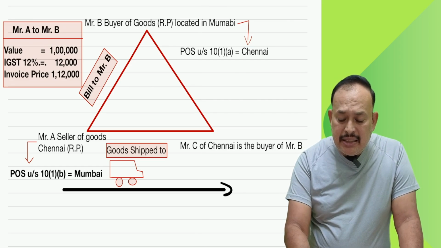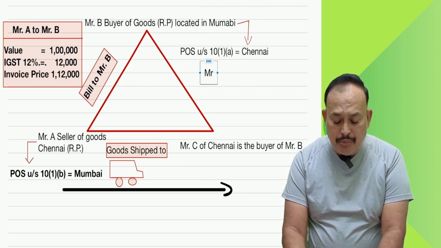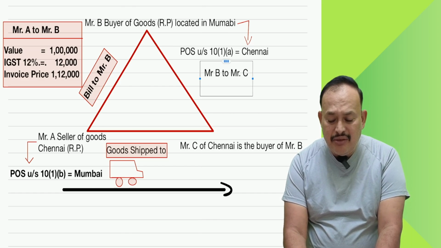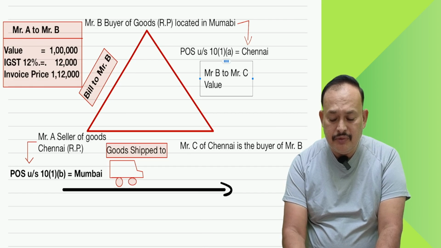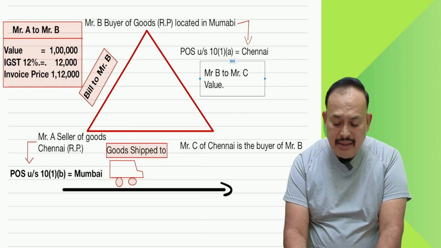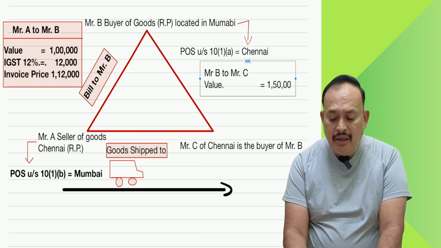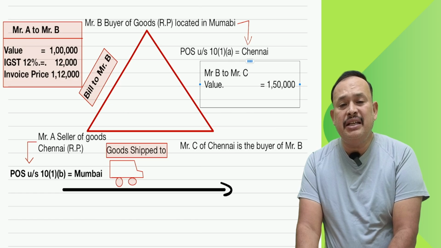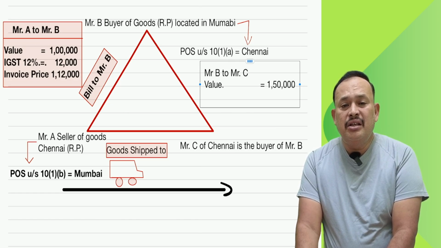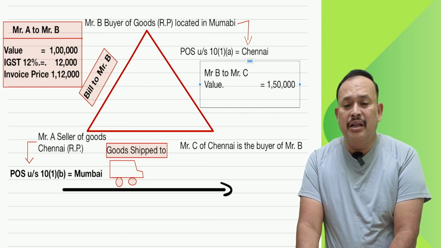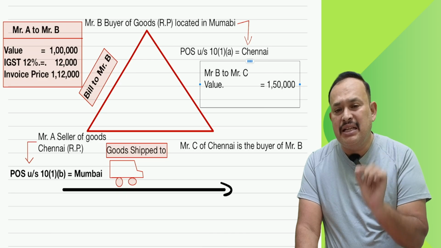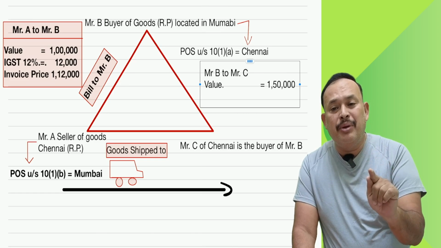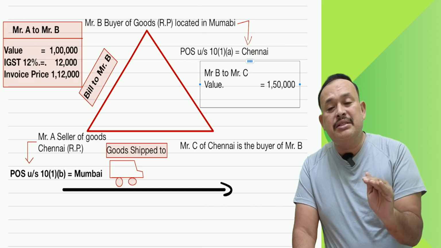In that case, a transaction between Mr. B and Mr. C, for which the invoice value, let us say, is 1,50,000. Then what is it, CGST, SGST or IGST? In the given case, Mr. B is a seller when supplying the goods to C, and is located in Mumbai, Maharashtra, while the place of supply is Chennai.